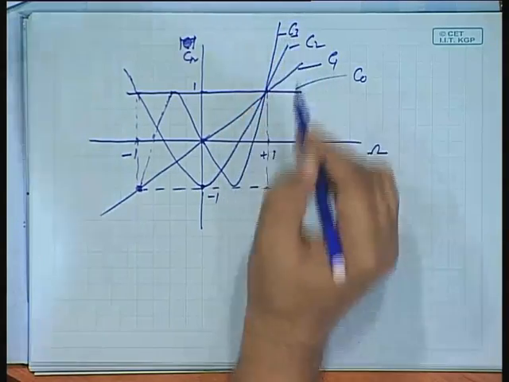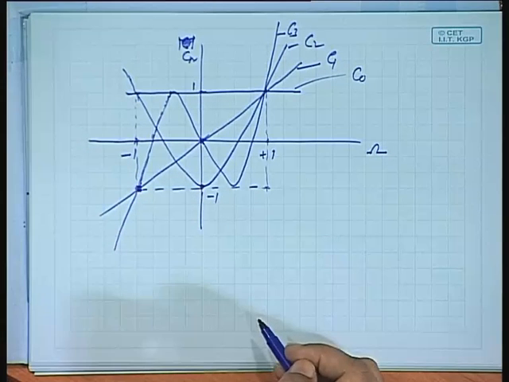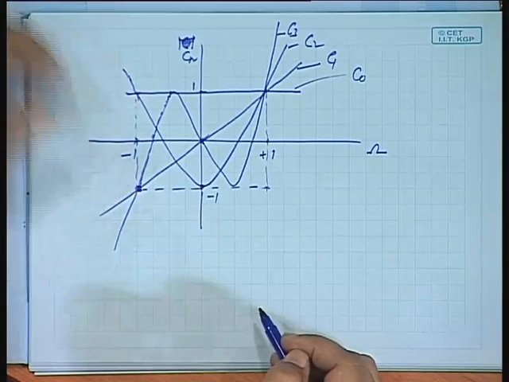This is C3 and so on. One thing you observe, for all these functions you can go on taking higher order polynomials.